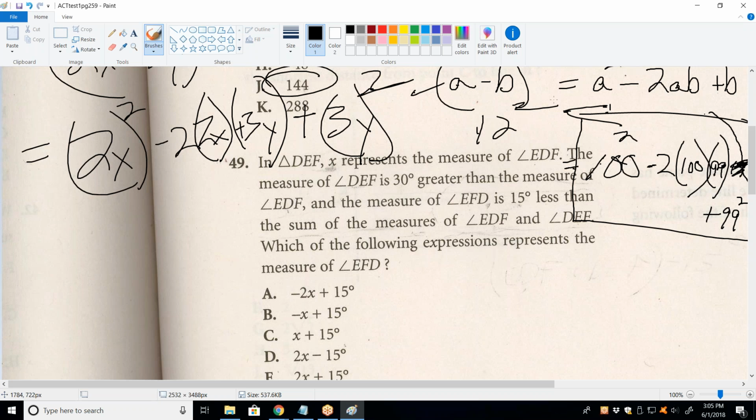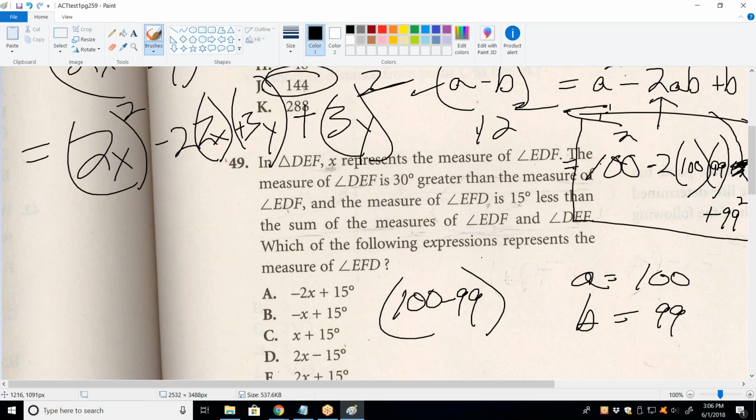Well, look right above. Does this look familiar? What's A and what's B? Well, 100's A and 99's B. So that expression is the same as A minus B squared, right? It's the same as 100 minus 99 squared. That's 1. I don't need a calculator to do that problem. In other words, I'm recognizing it in reverse.